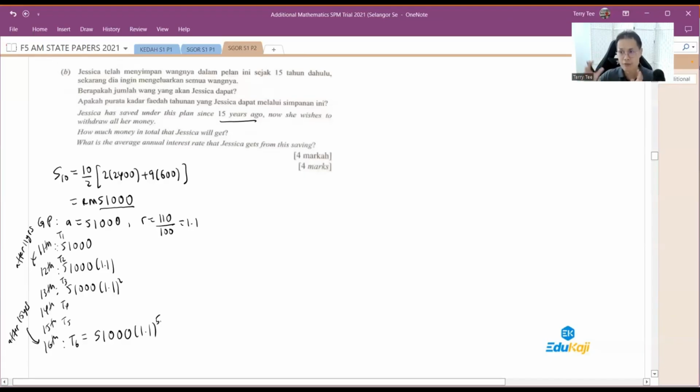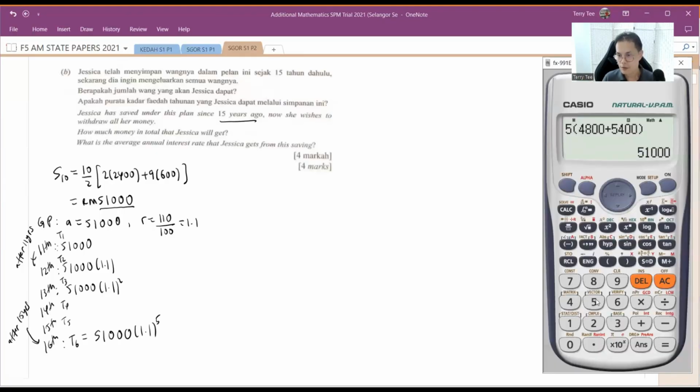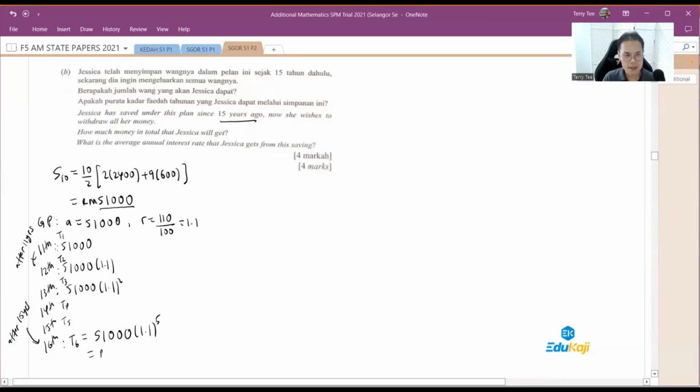So this will be 51,000 times 1.1 to the power 5. There you go, 82,136. I think you can drop the cents. RM82,136. You can write 0.01 if you want.